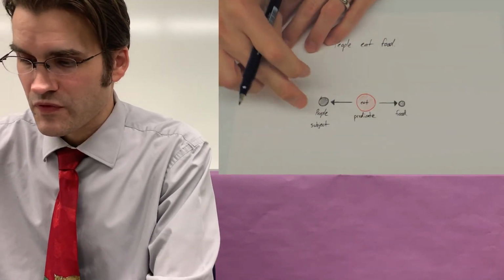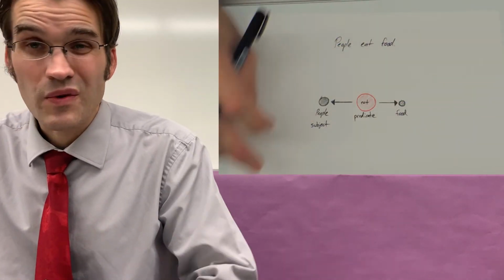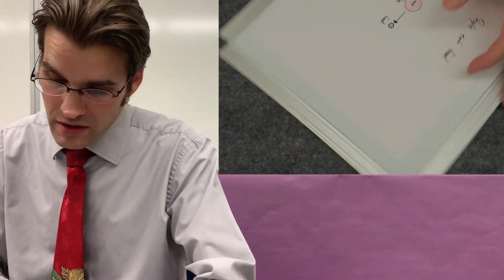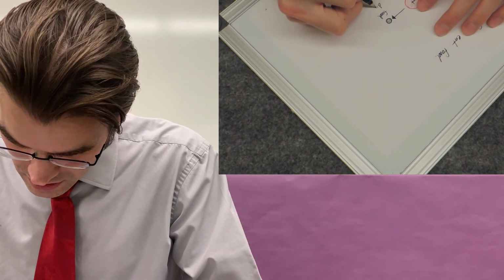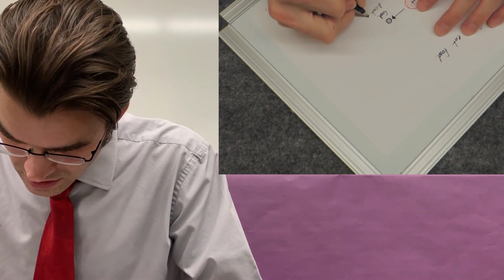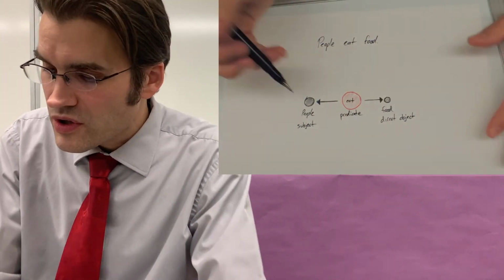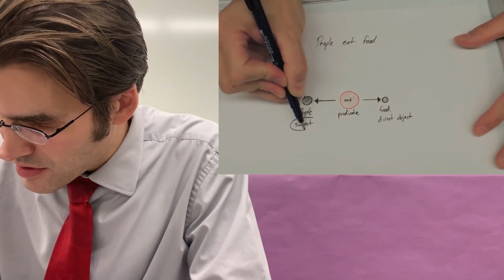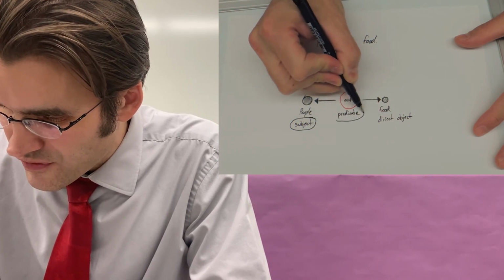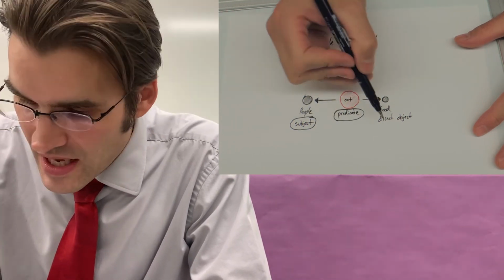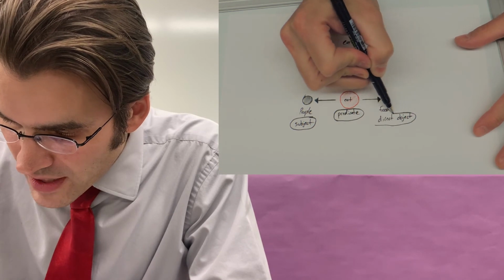And this is going to be my direct object. And what you can do is you can circle them or make them in a different color or find some way to get them to stand out. But this is a really good way to do follow-up.